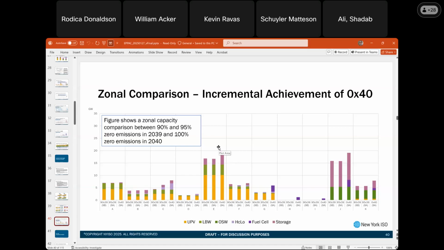So for example, when there's less fossil upstate, more battery is necessary in zone E, as well as the fuel cells. And when it comes to the high capital, low operating resource, that last increment is mostly being built in zone C here, but is also spread out amongst some of the other zones.